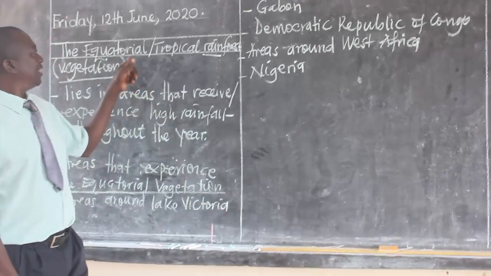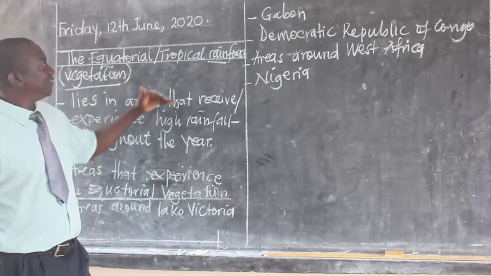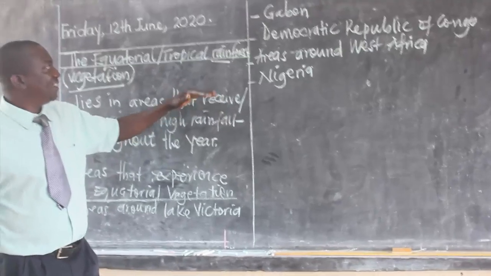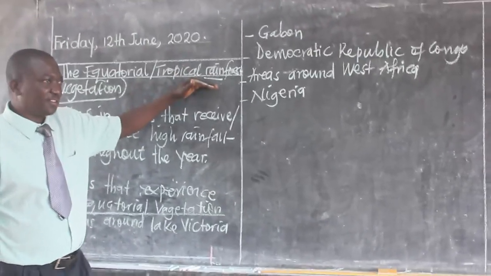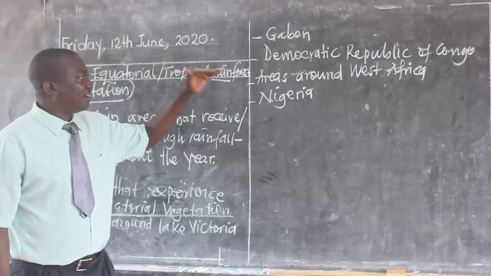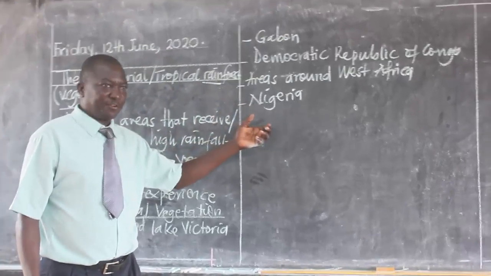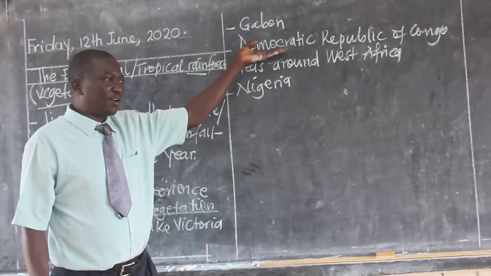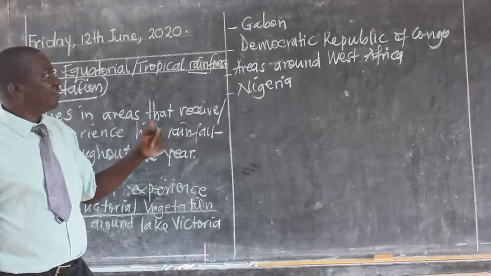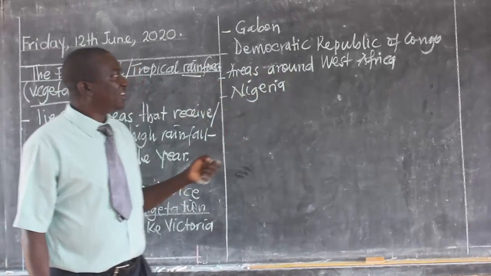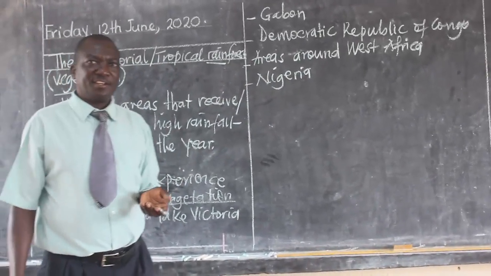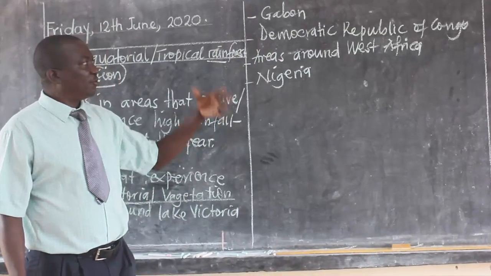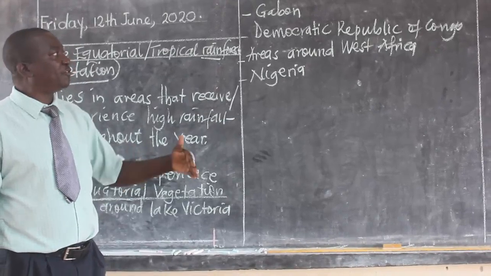All those ones experience this for the reasons that the rainfall that is received, as we have said here, helps in the growth of these thick forests or vegetation. Now, you remember very well we looked at countries like this one when we're dealing with the climate. We looked at the Democratic Republic of Congo, we said it experiences a lot of rainfall throughout the year. Why? We gave examples, you remember the reasons.